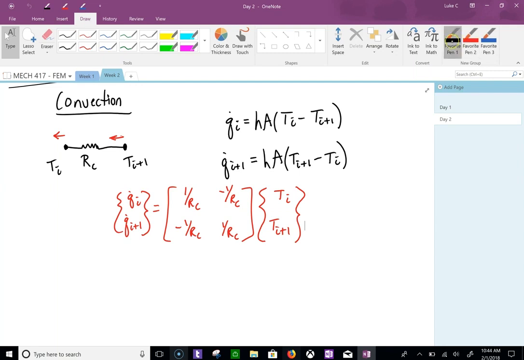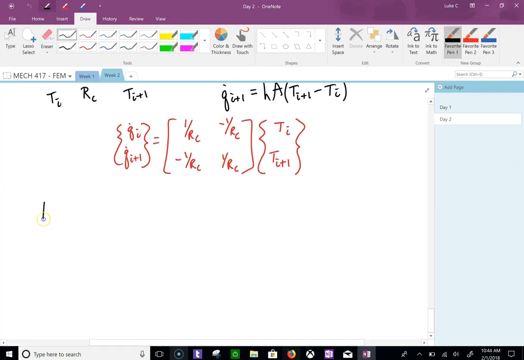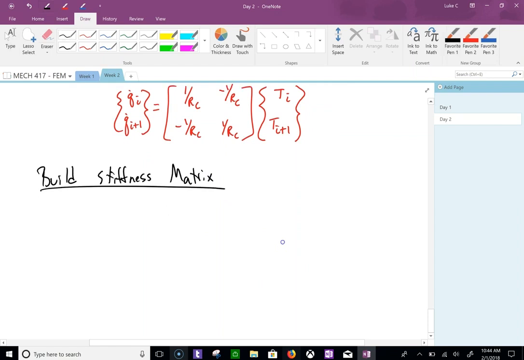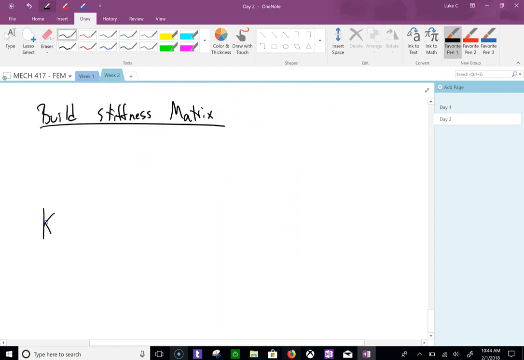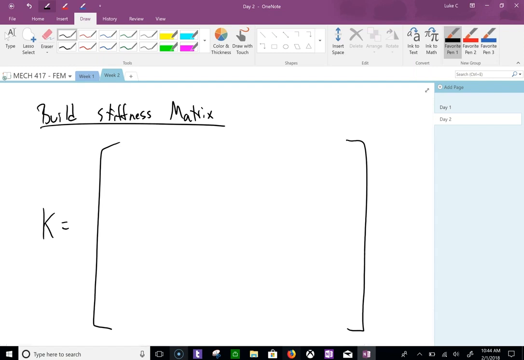Okay, so let's build the stiffness matrix. And this is going to be a big thing. I won't do everything, but I'll do most of it. So what goes in the top four coordinates? It's element 1, right?